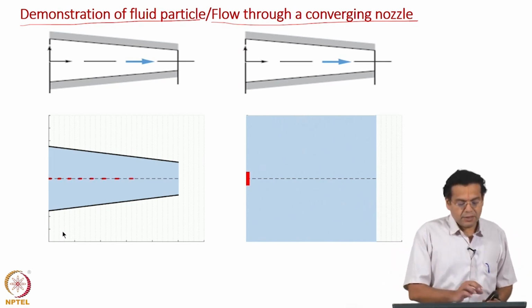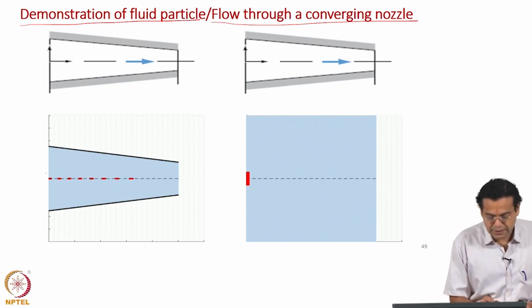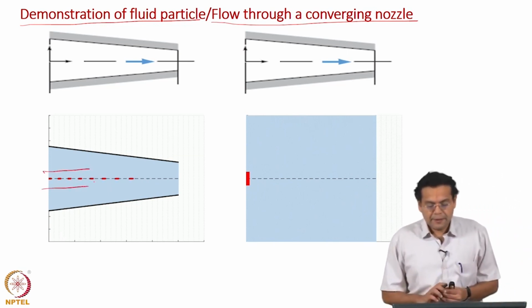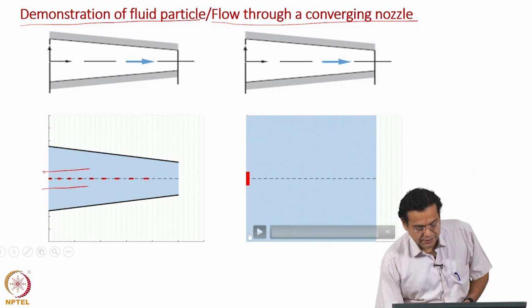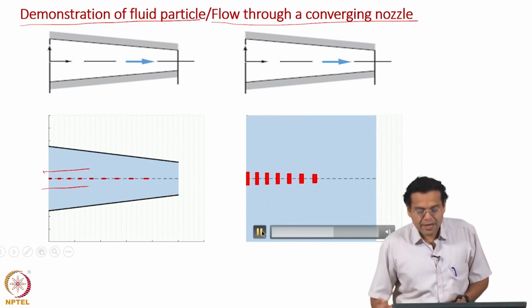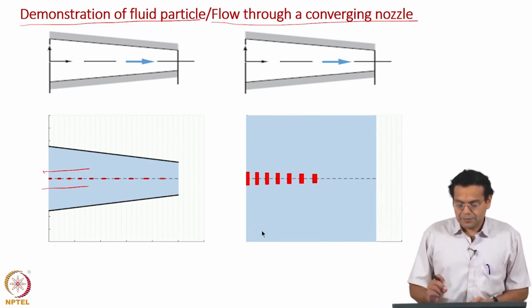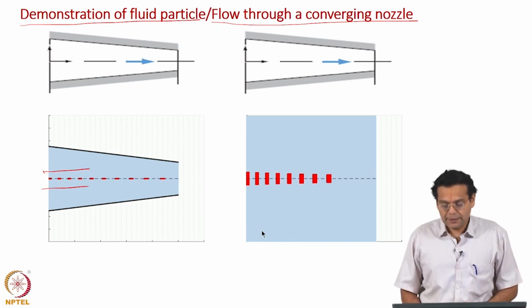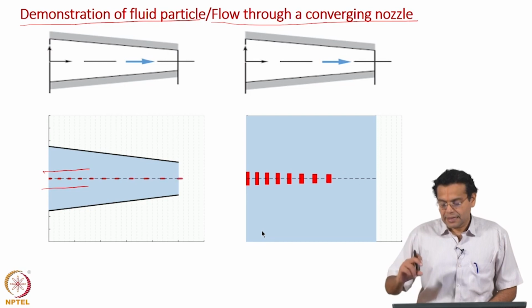Then we zoomed into this small region, and that is what we saw in the right animation, where we can clearly see that the length of the fluid element increases and then the height decreases.